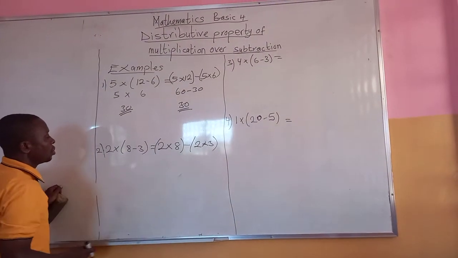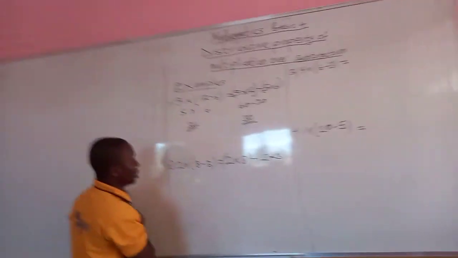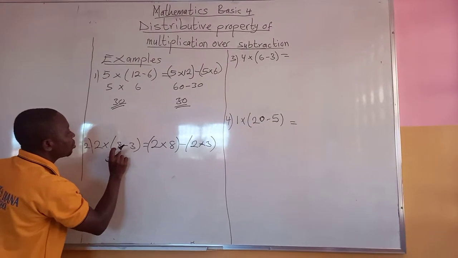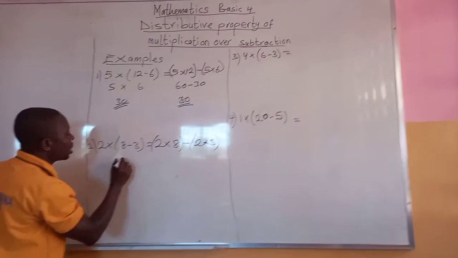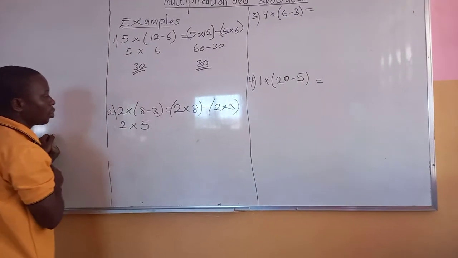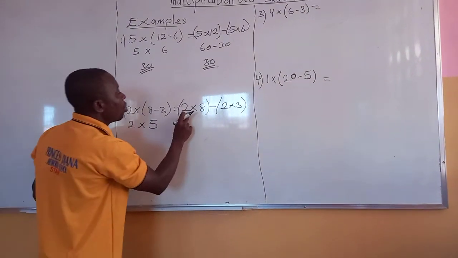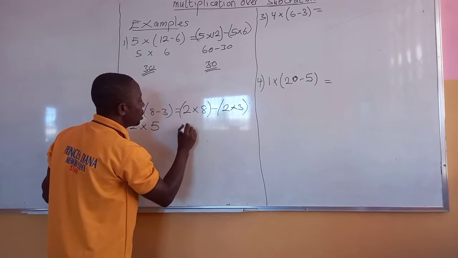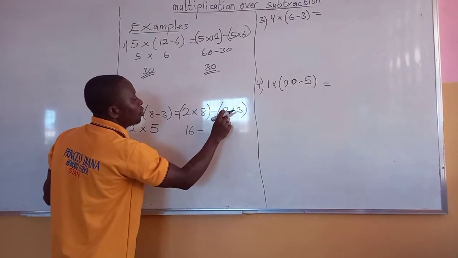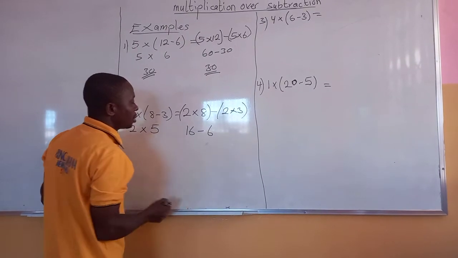Very good. Now we are subtracting 3 from 8, so we get 5, then bring the 2 aside. Now when we multiply 2 by 8, we get 16. We bring our minus. Then 2 times 3 will give us 6.